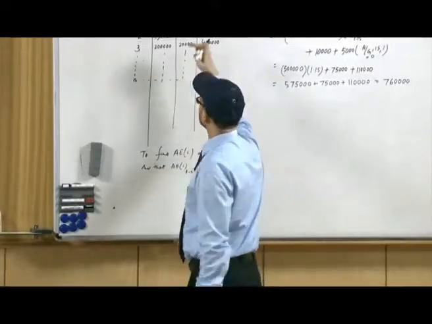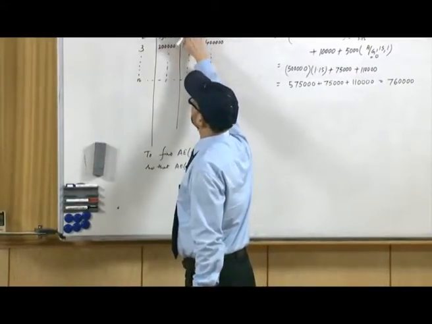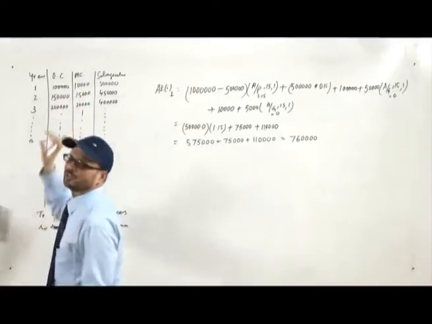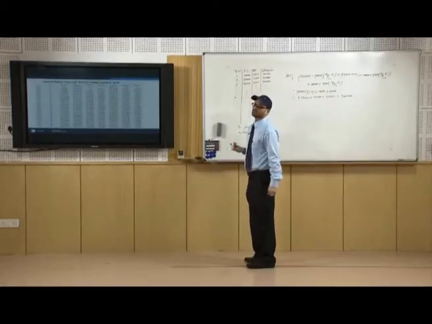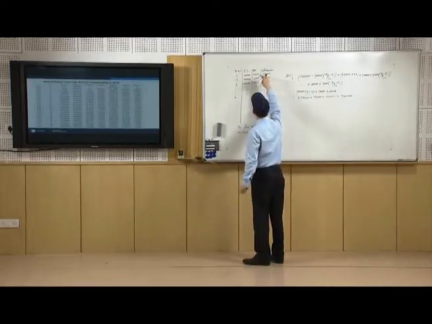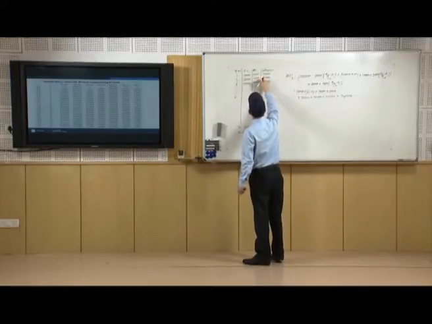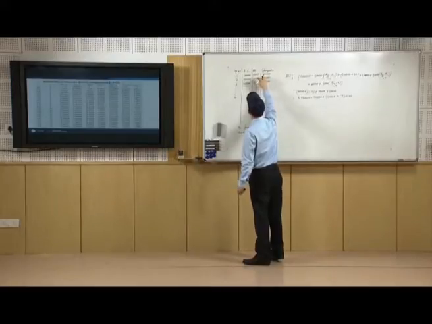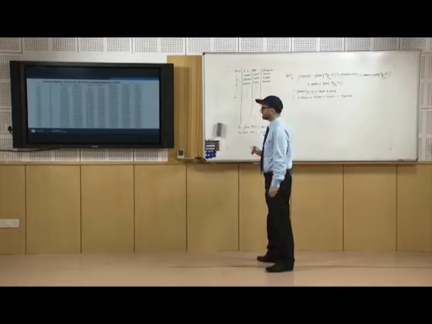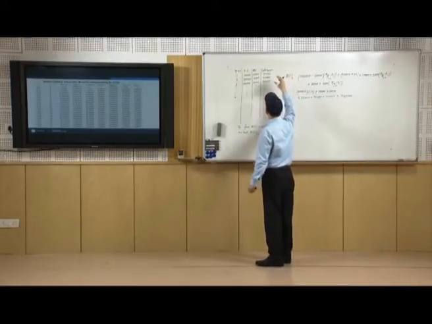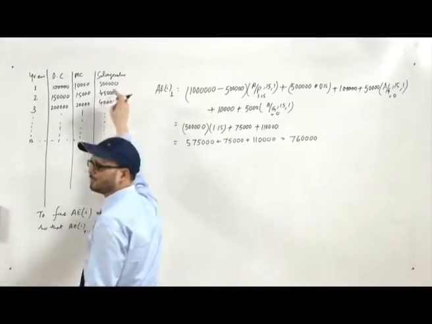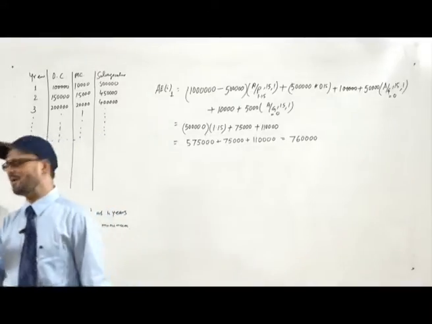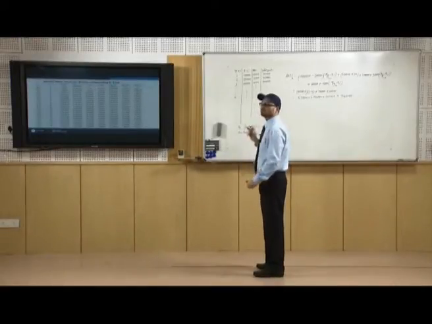In that case, the operating cost is to be considered for these 2 years. In the first year it is 1 lakh and in the second year it is 1,50,000. In the second year the maintenance cost also increases by 5,000. So, in the first year 10,000 and second year 15,000, and similarly the salvage value to be considered will be 4,50,000 instead of 5 lakh, which is taken for n equal to 1.